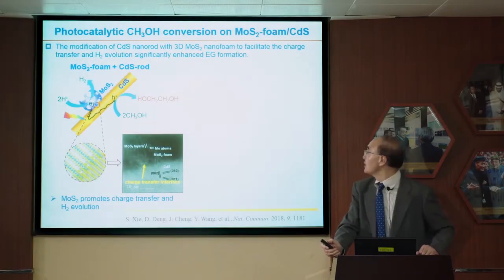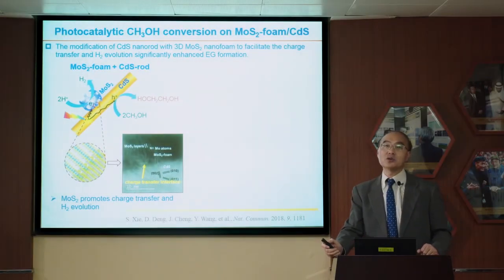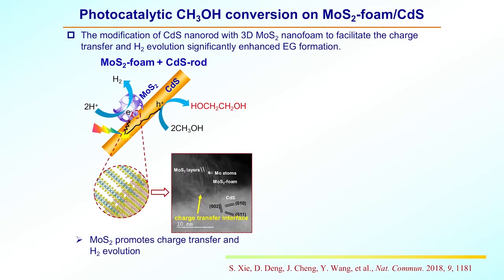So the modification of cadmium sulfide nanorod with two-dimensional molybdenum sulfide nanosheet to facilitate the charge transfer and hydrogen evolution significantly enhanced EG formation.